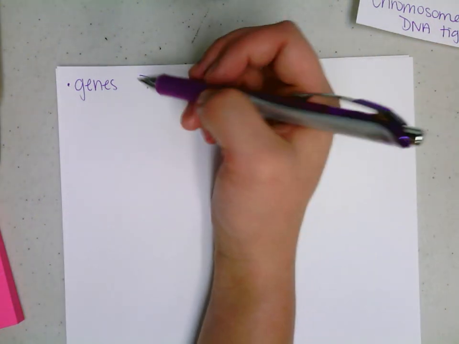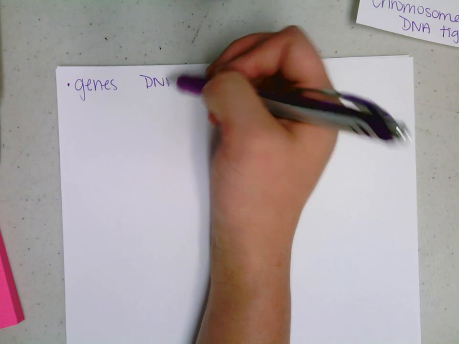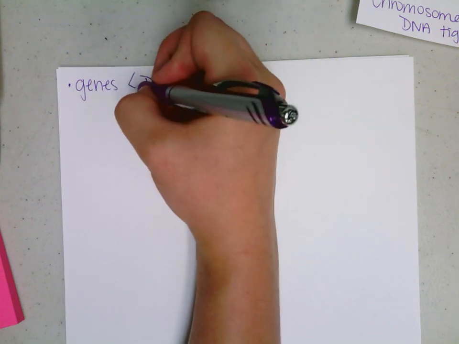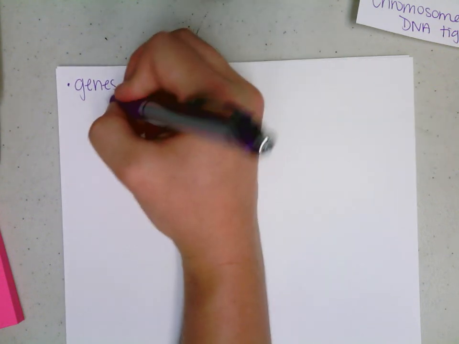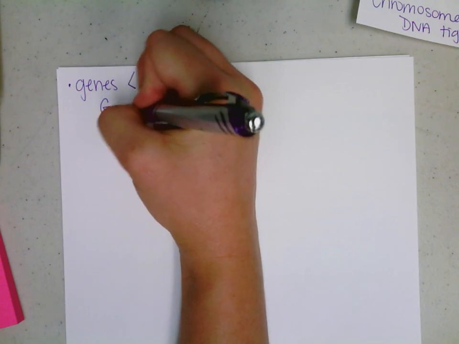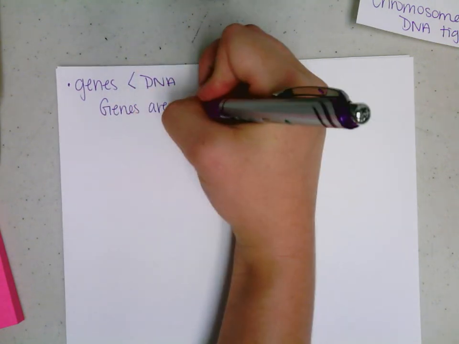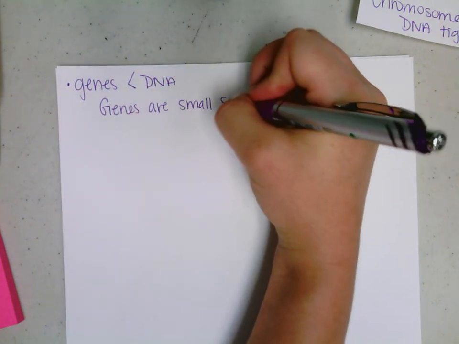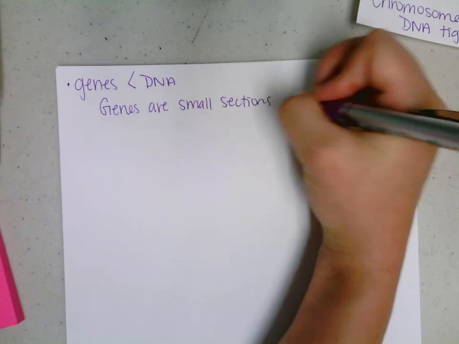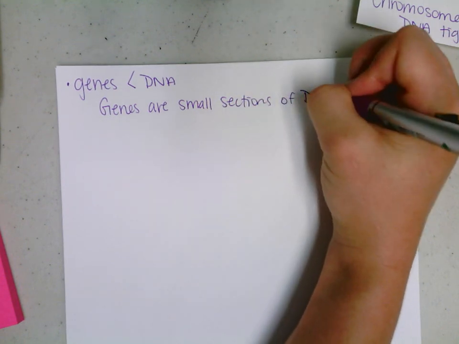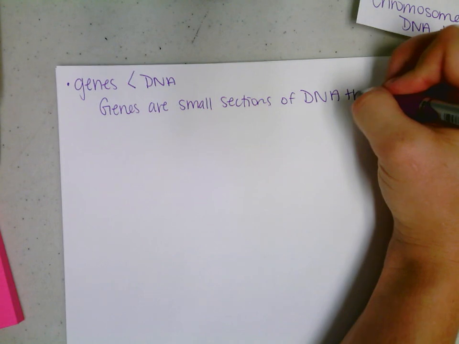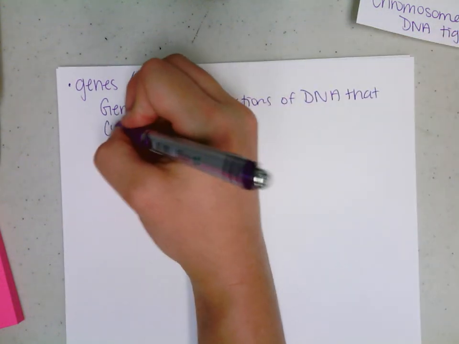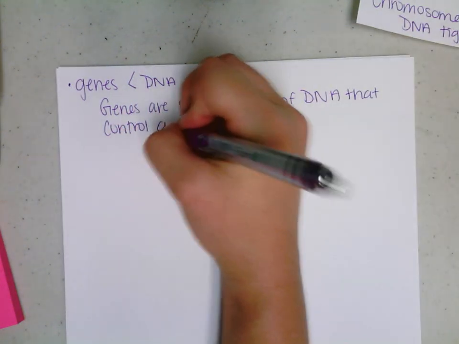We know that genes are small sections of DNA, so obviously DNA is going to be bigger. So once again, genes are small sections of DNA that control a specific trait.